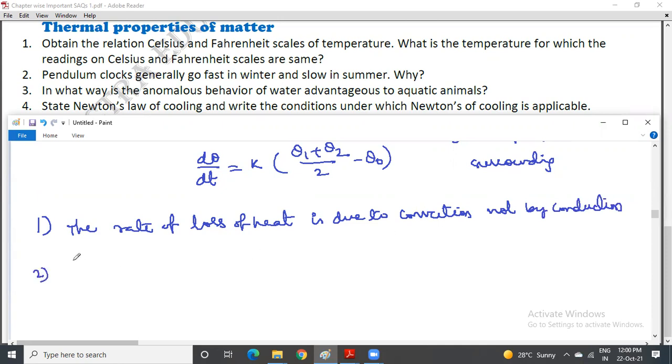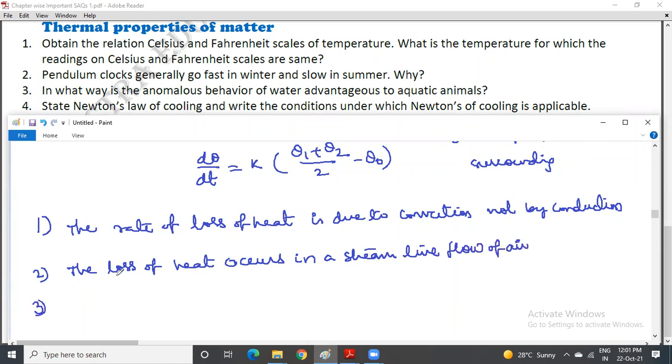Second point, the loss of heat occurs in a streamline flow of air.